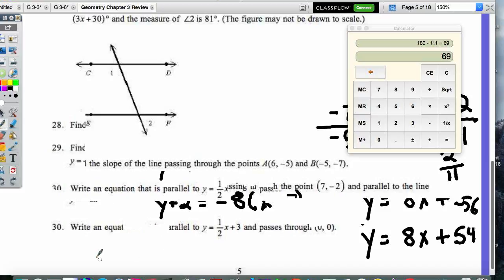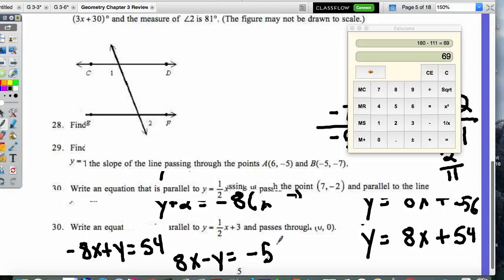To do this in standard form, I would add the x to both sides. 8x plus y equals 54. But remember, I cannot have my leading coefficient negative, so I have to switch all the signs. 8x minus y equals negative 54.